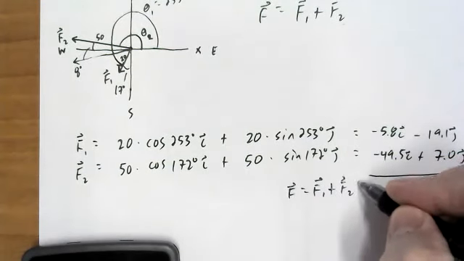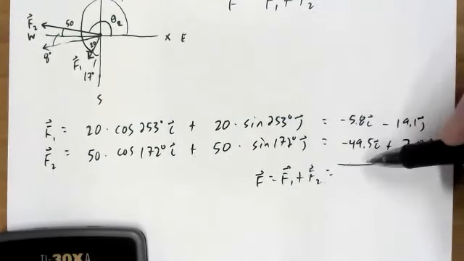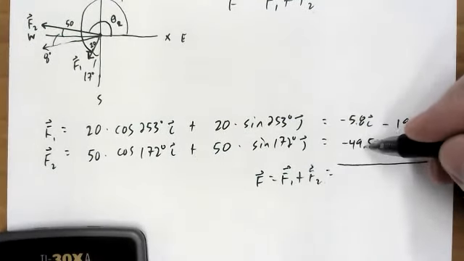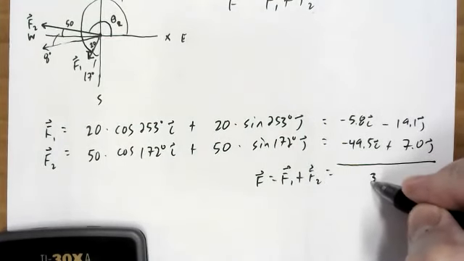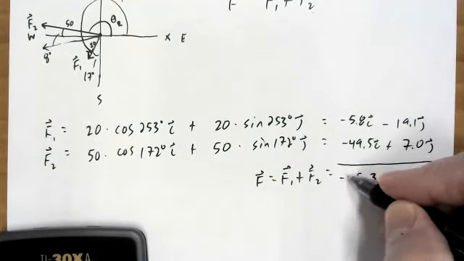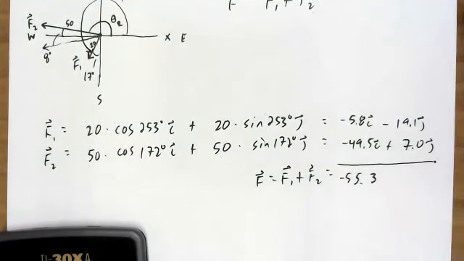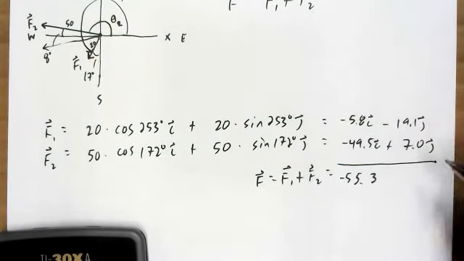So now that I've written the 2 force vectors as ij, now I can actually add these together. So I add the i part. Negative 5.8 plus negative 49.5 is negative 55.3 i.